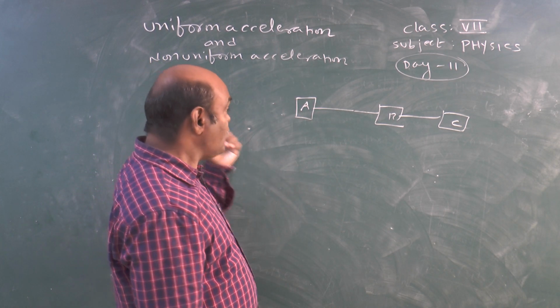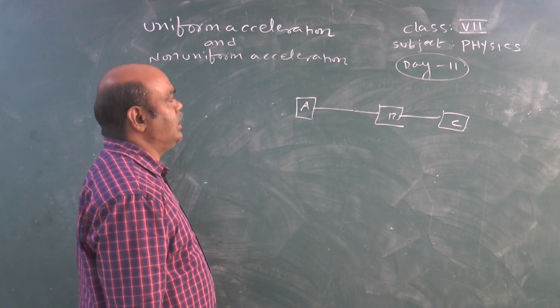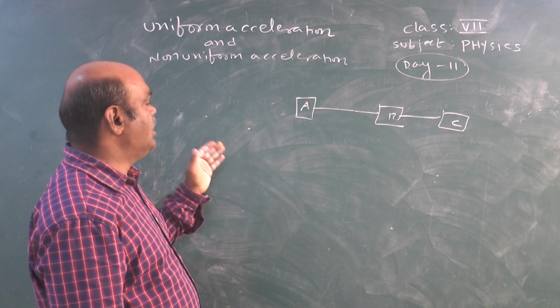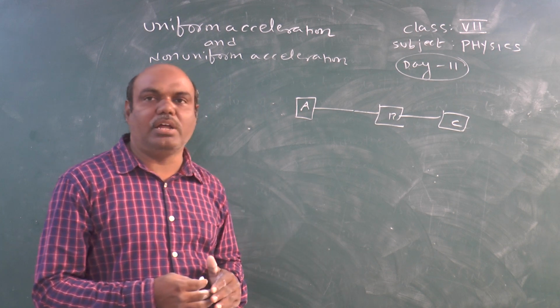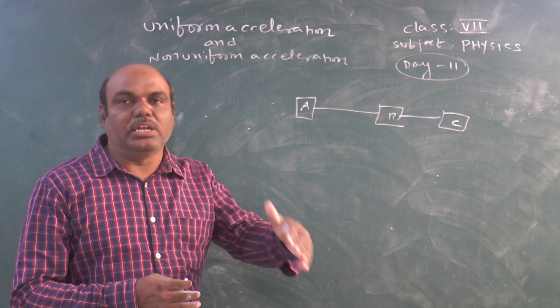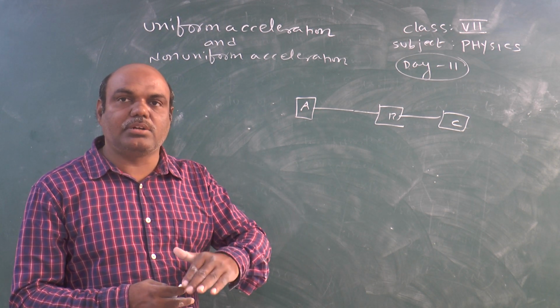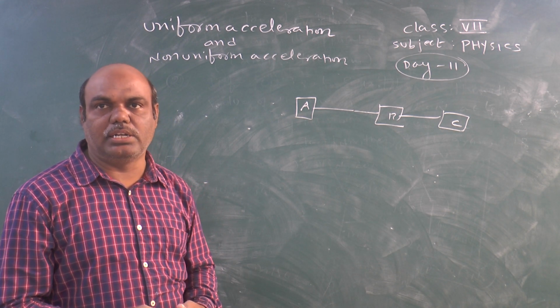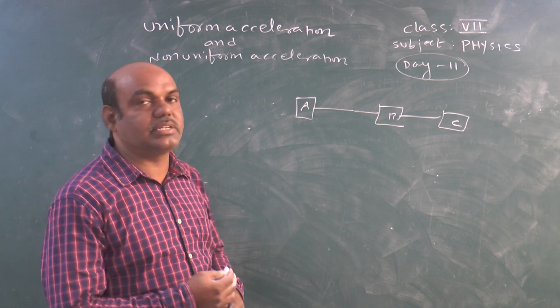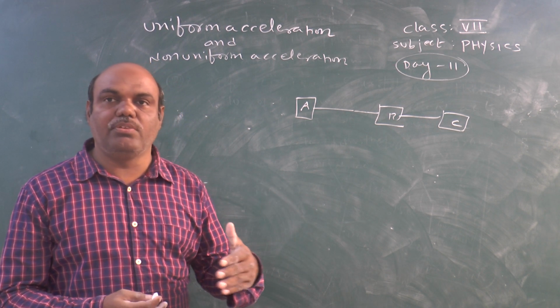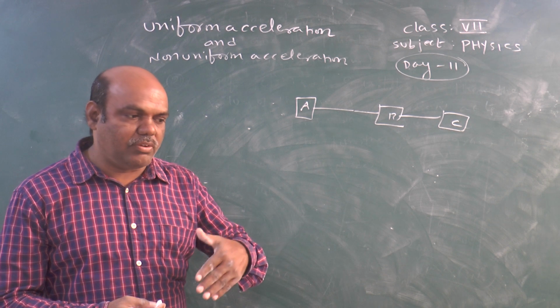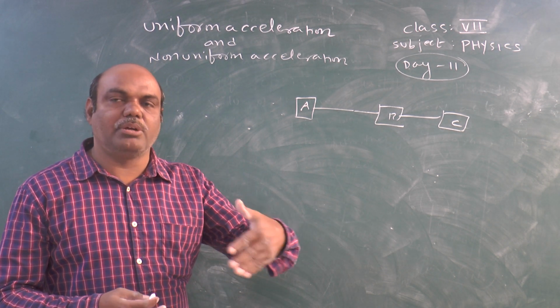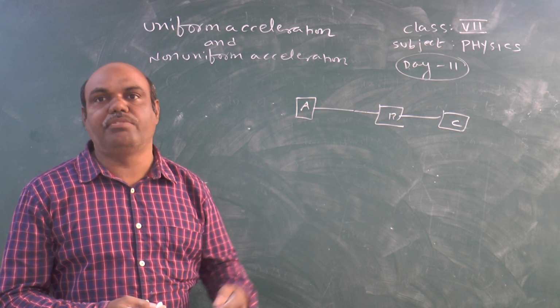Next, what is non-uniform acceleration? If the body travels with equal change in velocities in unequal time intervals, then the acceleration is called non-uniform acceleration. In a uniform acceleration, for every second the speed of a body increases uniformly.